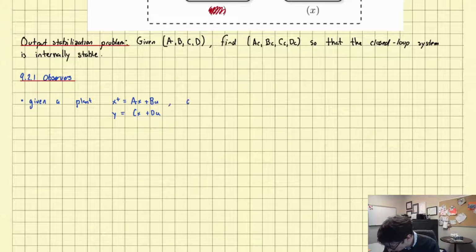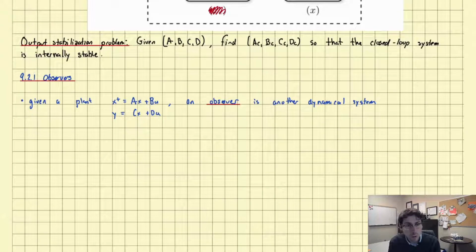Given a plant, an observer is another dynamical system which reads the input-output data of the plant. Right, the stuff that is actually available to us. The inputs are available to us on our computer because we pick the inputs. The outputs are available because the reason we're calling them outputs is because we have sensors on them. Right? It's modeling the information available to us through feedback. Okay? So this dynamical system is connected like this.